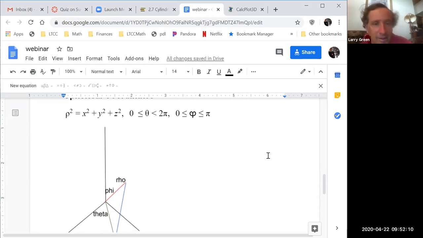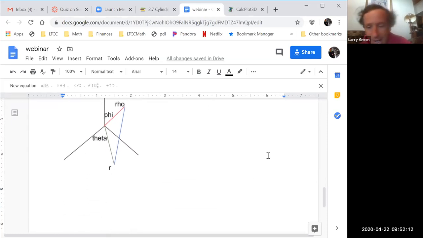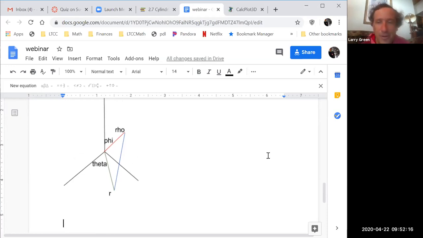Now what we need to do is understand how to go from spherical coordinates to rectangular coordinates, or even spherical to cylindrical, because we've got to go through all of those. So let me do one thing first.